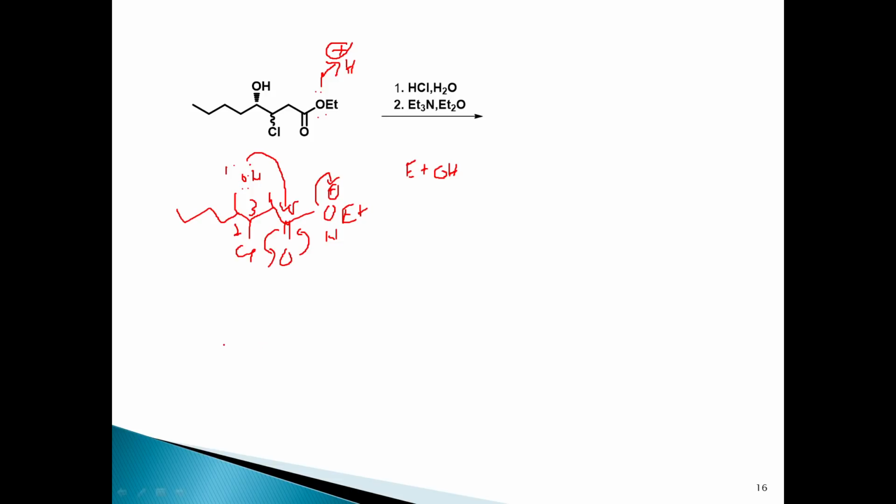Now once this 5-membered ring is generated, I'll show you the product. That will be easy. So we have a 5-membered ring generated like that. If a 5-membered ring is generated, what will it look like? 1, 2, 3, 4, and then we have the 5-membered ring.